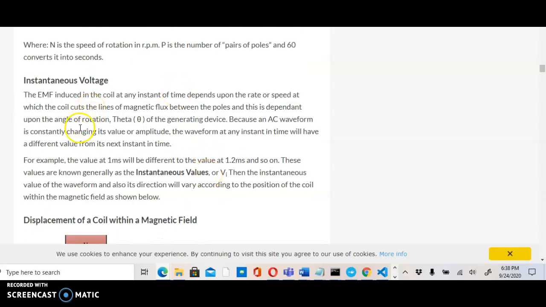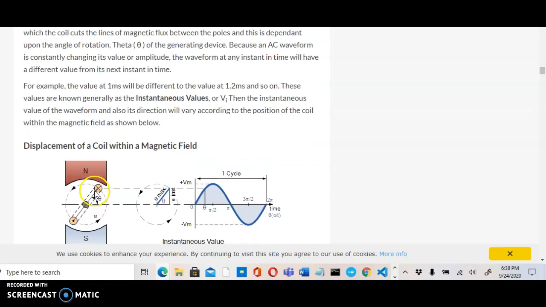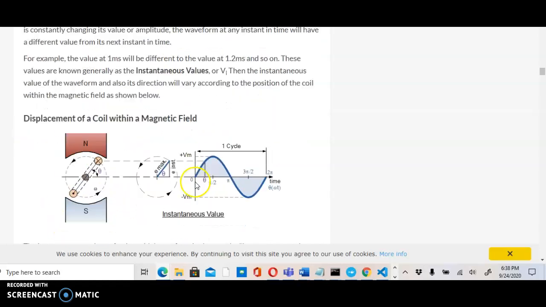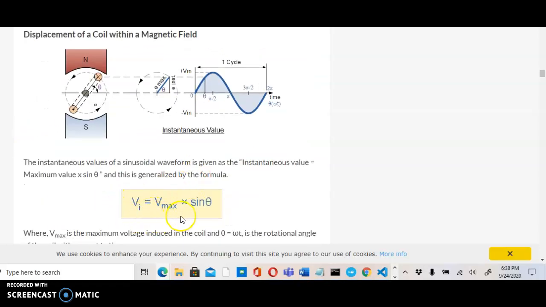Then you have the instantaneous voltage, which is the AC waveform through the magnetic field, and you have Vmax times sine of theta. So this gives you the displacement of the coil.